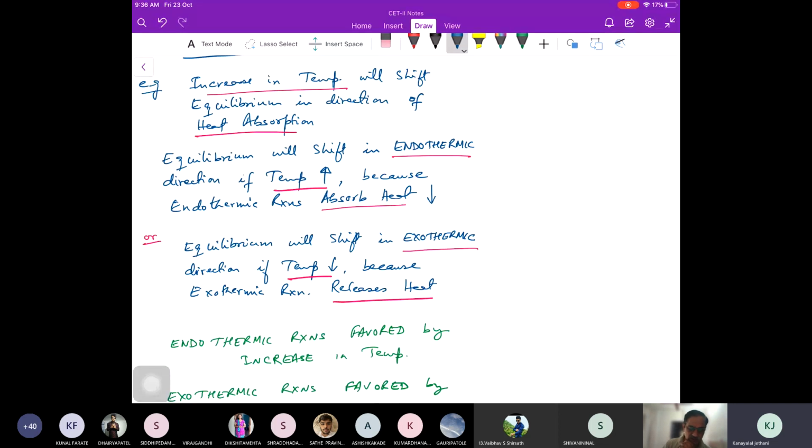और दूसरा exothermic reaction बोला तो exothermic is releasing heat, right?